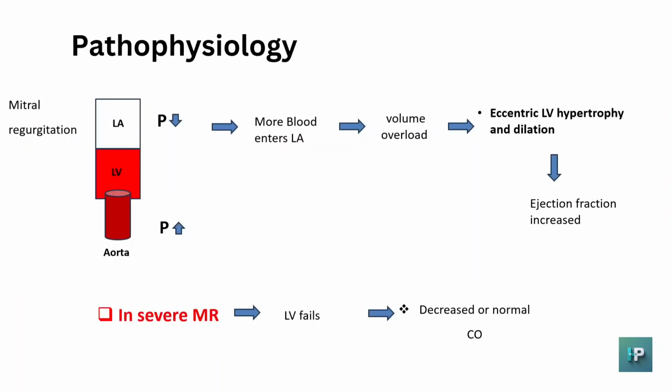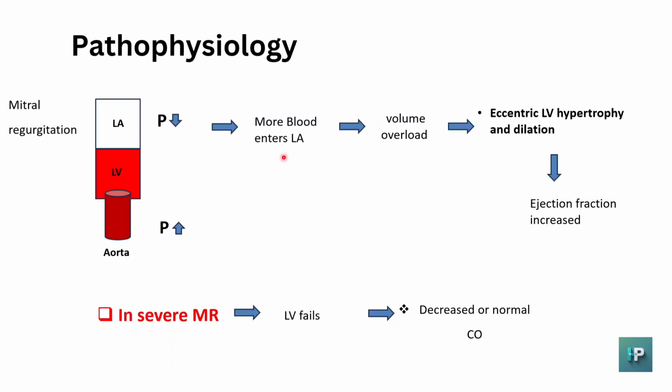And then let's get into the pathophysiology of mitral regurgitation. Here you can see mitral regurgitation, that is, backward flow from the left ventricle to the left atrium during the systole phase. And here you can see during systole the pressure in the aorta will be more compared to the pressure in the left atrium. So the flow occurs towards the area with less pressure.